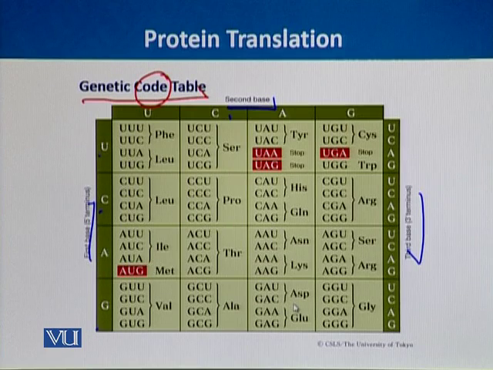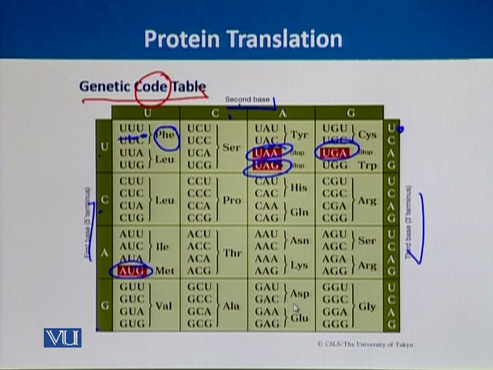For example, here is U the first base, here is U the second base, and here is U the third base. So 3 U's combine to code for phenylalanine. Here are the 2 stop codons, and this is the third one, and AUG is the start codon.